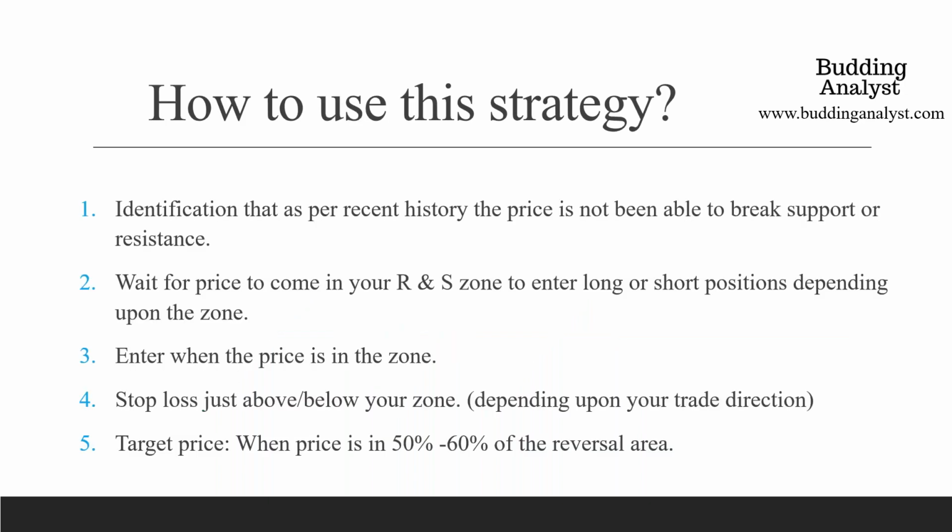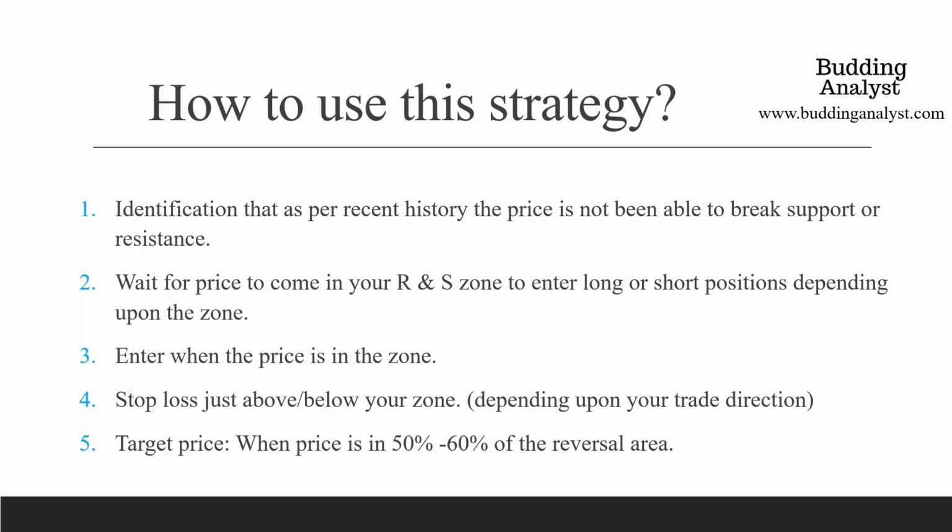So how do we use this strategy? The first thing is that you identify, as per the recent history, that the price has not been able to break your support or resistance.